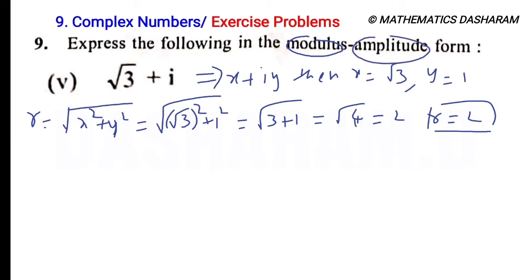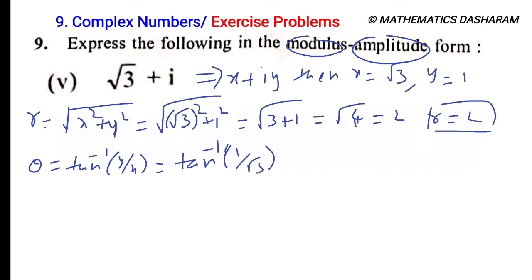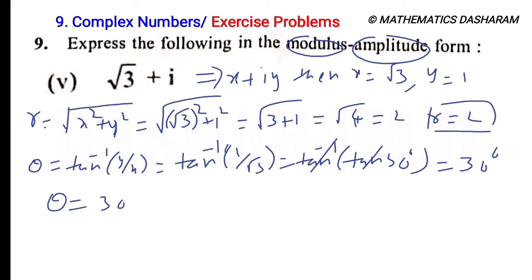Next, amplitude, that is theta. So its formula is tan inverse of y by x. Substitute y and x values. So y value 1 and x value is root 3. So tan inverse of 1 by root 3 is equal to tan 30 degrees. Tan inverse cancels, it is equal to 30 degrees. Then this 30 degrees multiplied with pi by 180.